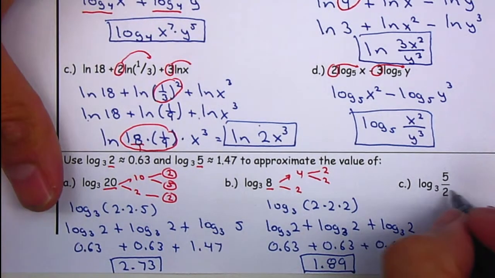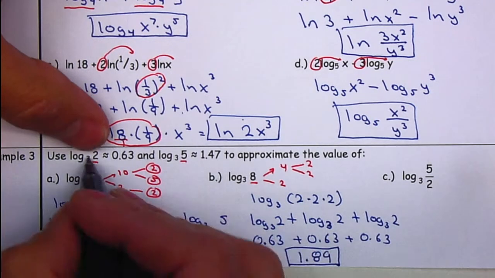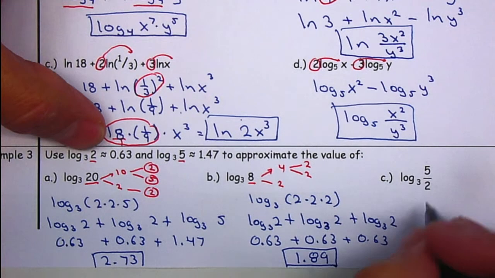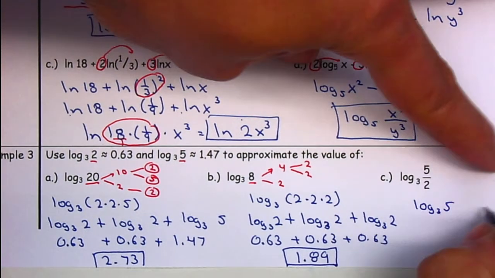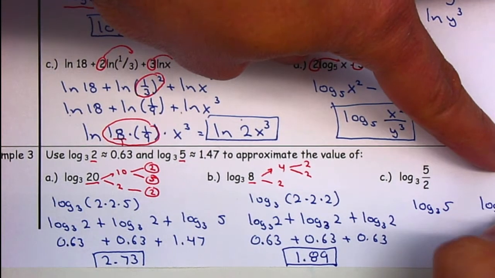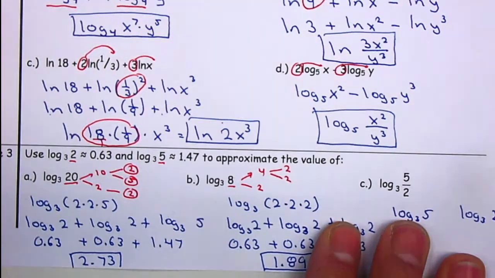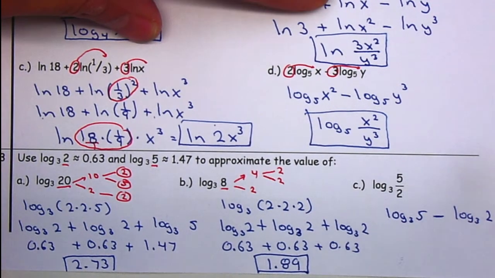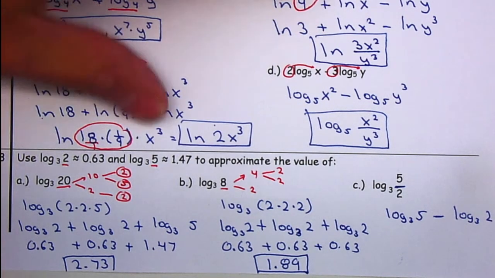For letter C, there's a division in between. We need to rewrite in terms of 2 and 5. It's already written as 2 and 5, so we can just expand it. This will be the log base 3 of 5, the log base 3 of 2, and in between both of them, there should be a minus because of the division. Now let's substitute the values.